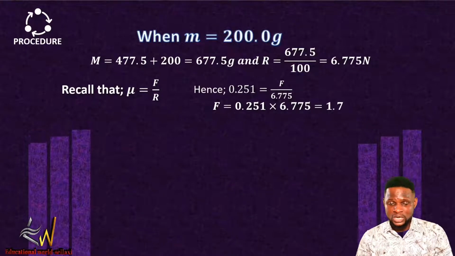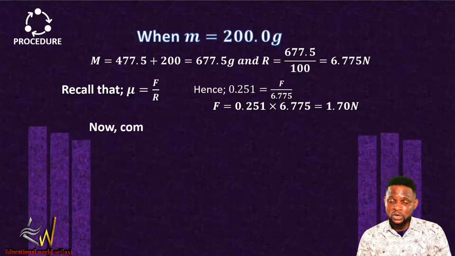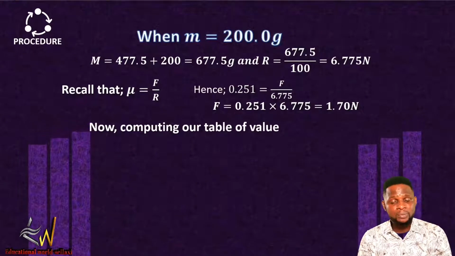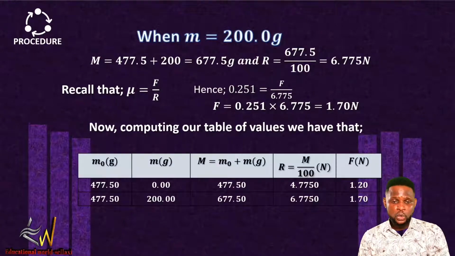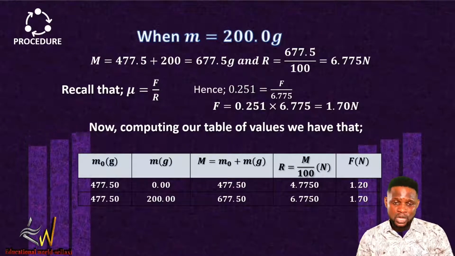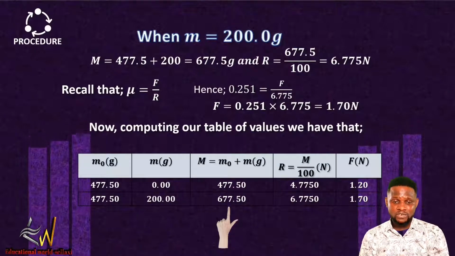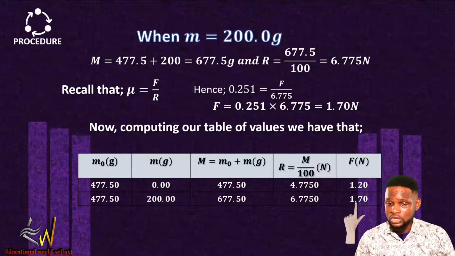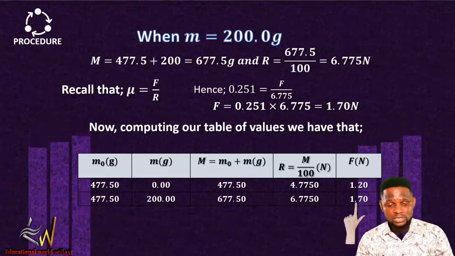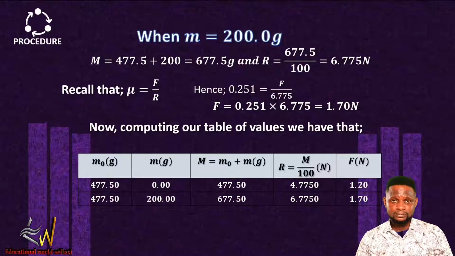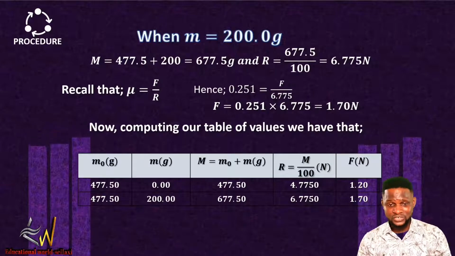Inputting the values, we see that the new frictional force will be 1.7 Newton. If we compute our table of values, when the total mass is 677.5 grams, the frictional force is 1.7 Newton.